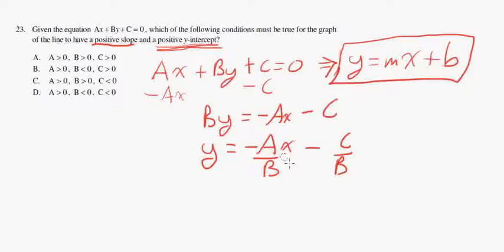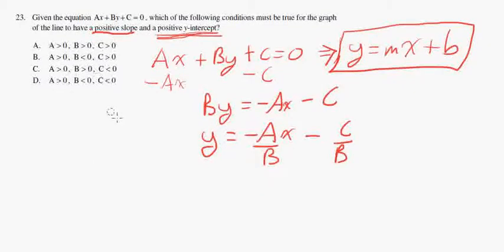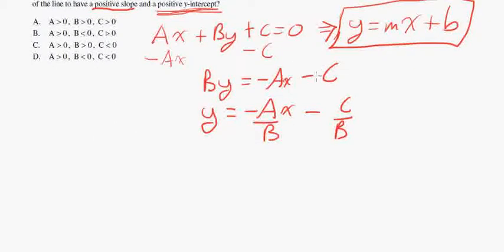I'll erase this a moment so we can see the slope explicitly. Okay. So the slope of this line is going to be this part. This is going to be my slope. So negative a over b is my slope. Right.